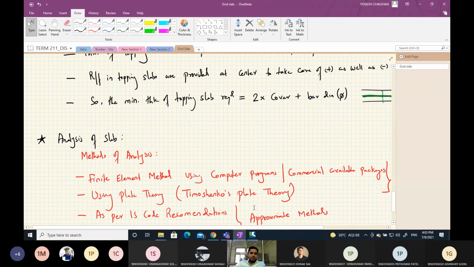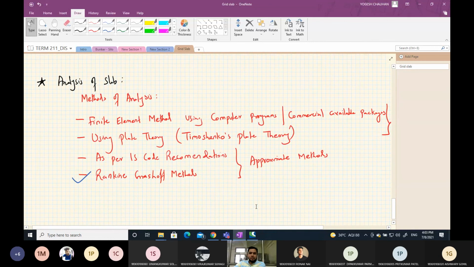Now, for the analysis of slabs, there are various methods by which we can analyze such slabs. We can use finite element method using any computer code or commercially available packages. We can use plate theory, such as Timoshenko's plate theory.